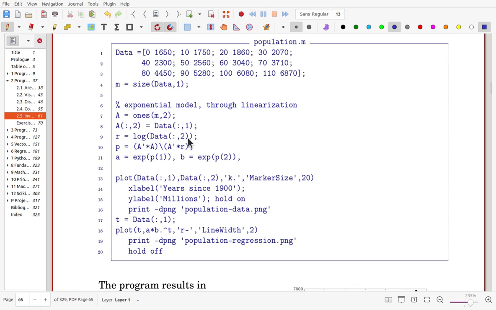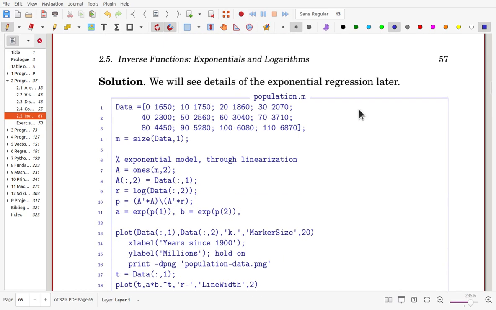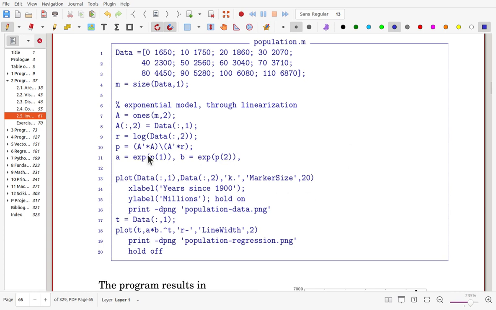So we finished that algebraic system, and to solve it we can use the normal equation technique, so that here P is a vector of alpha and beta, that is A transpose A inverse times A transpose R. The first component will be alpha, the second component will be beta, and their exponential values must be A and B respectively.